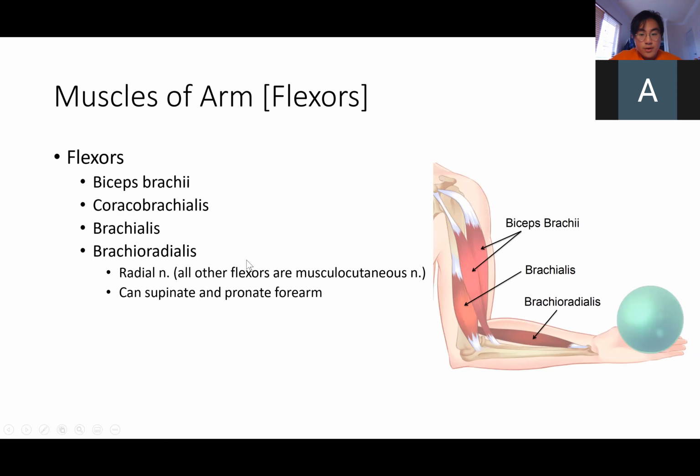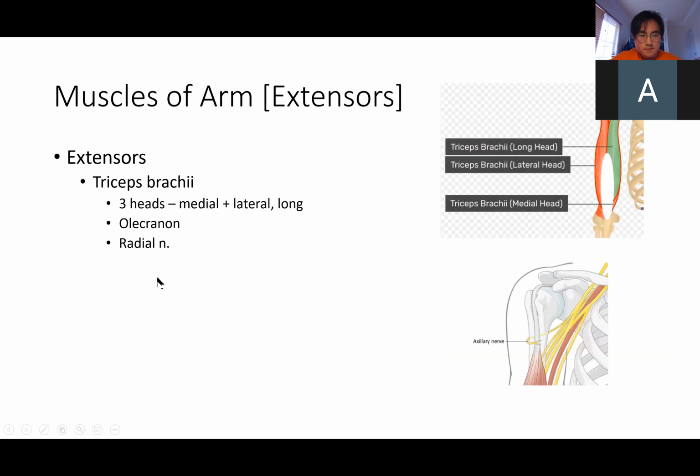Then you have the brachioradialis, brachio meaning arm, radialis meaning radius. So it's more of a forearm muscle, but it starts in the humerus. And it's kind of unique in that it's a flexor that's innervated by the radial nerve, whereas all the other flexors are innervated by the musculocutaneous. So just remember this. Then for the extensors, you have your triceps, innervated by the radial nerve.